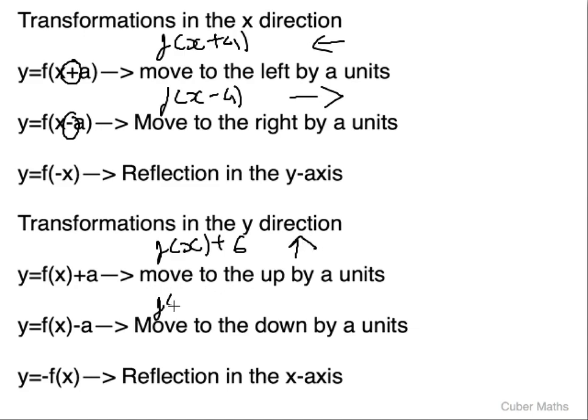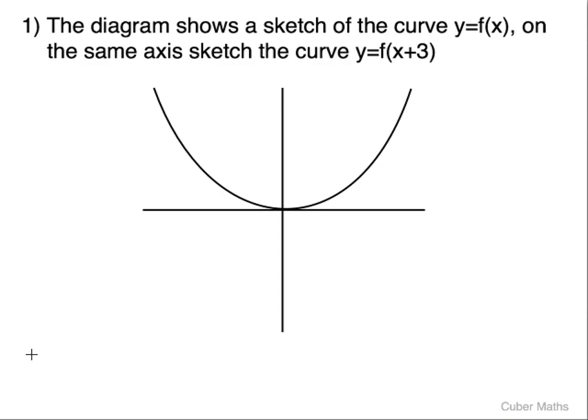And if it had f(x) - 6, that's going to move 6 units down. And now if it had a minus outside, so if it was y = -f(x), that's going to reflect in the x-axis.